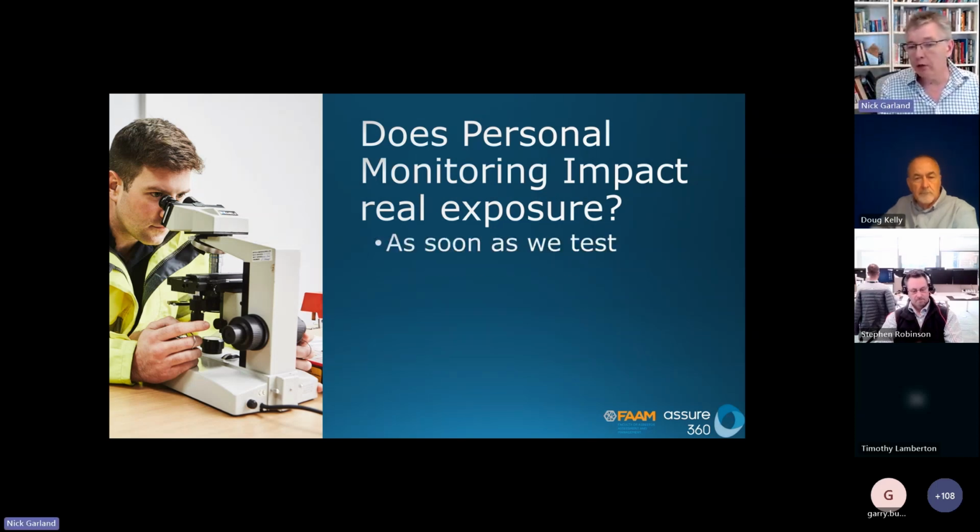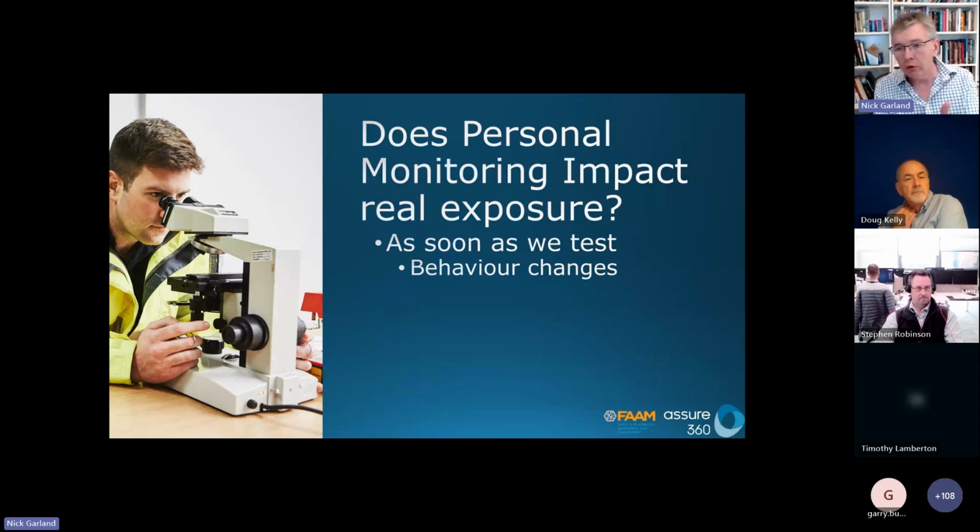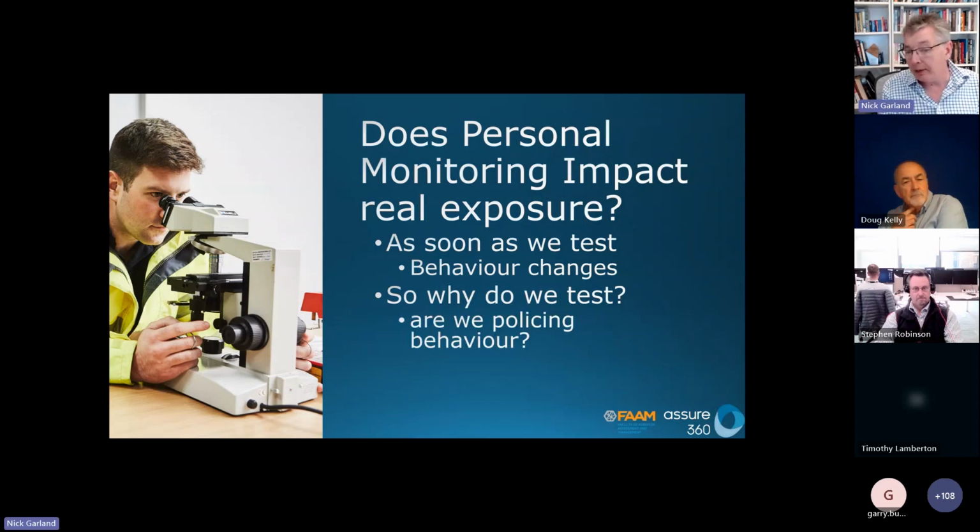Because as soon as we test, the behavior changes. So observe, Schrodinger's operative, as soon as it's observed, then we're not actually getting what the real behavior was in the enclosure. So why on earth do we test at all in the first place? Are we policing behavior, or should we be partners in delivering a project?